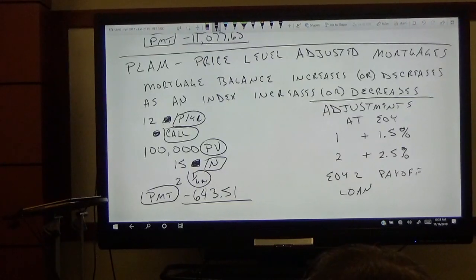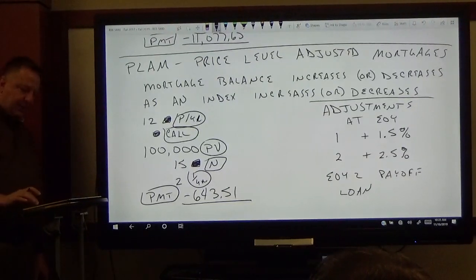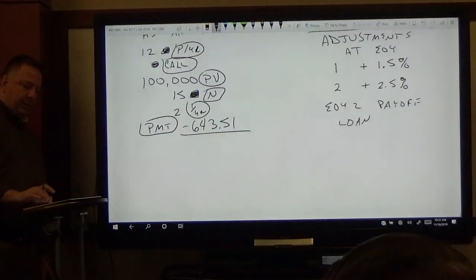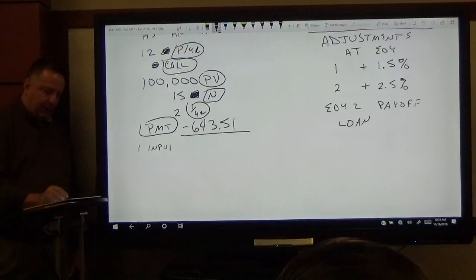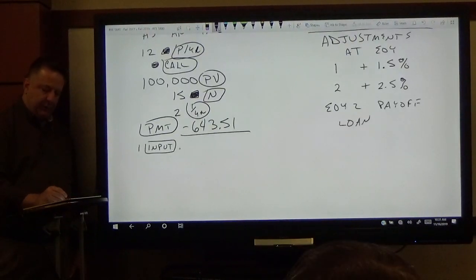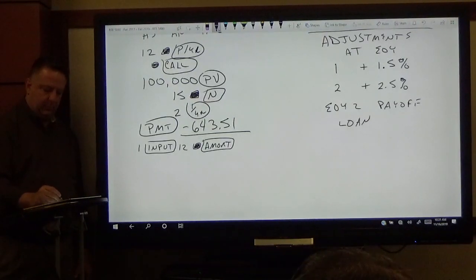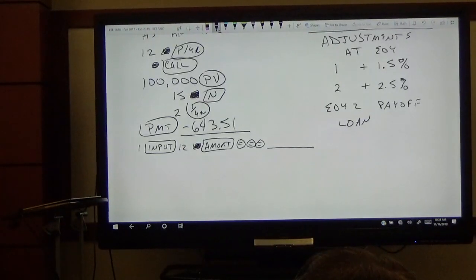Now, let's just see what we have going on here. All right, so what we're going to do is calculate the balance of the loan at the end of that first year. Okay, so start with that.